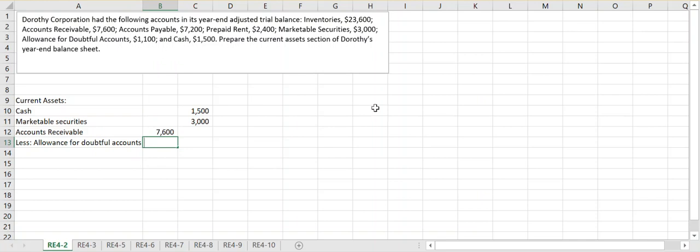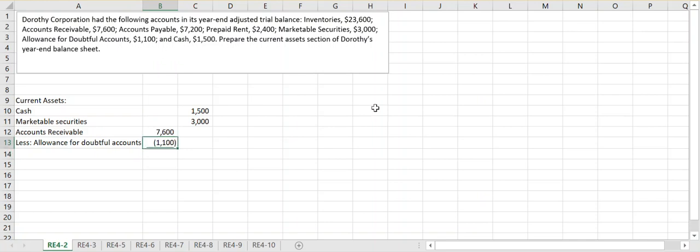So we think that we will not collect $1,100 of that $7,600 that we are owed. So the net value of our accounts receivable, commonly referred to as the net realizable value, is $6,500. We anticipate being able to realize $6,500 of our accounts receivable into cash for our business.